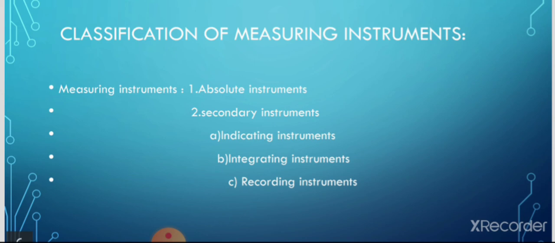The next classification is integrating instruments. Integrating instruments are the instruments which measure the total quantity of electricity delivered over a period of time. An example of an integrating instrument is the household or domestic energy meter.